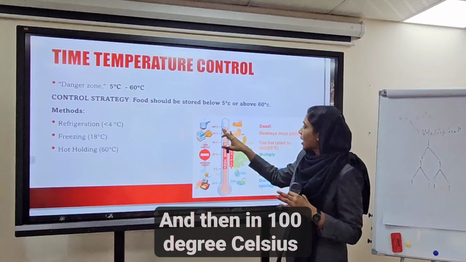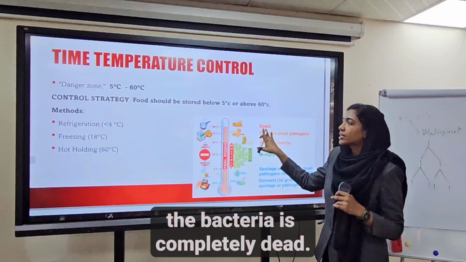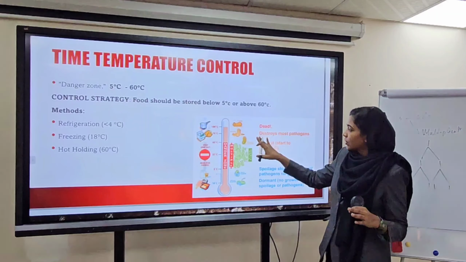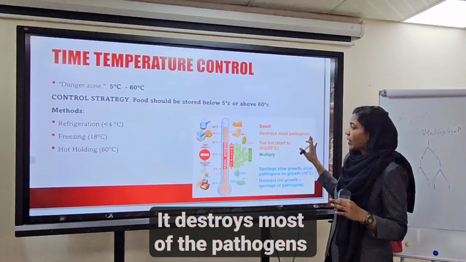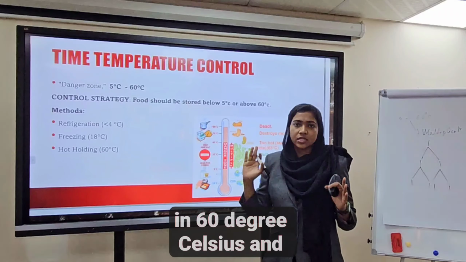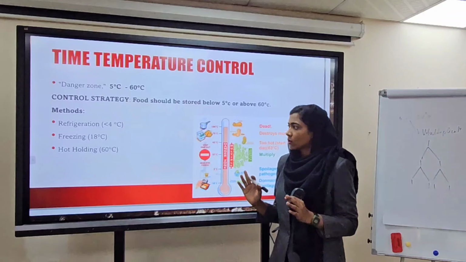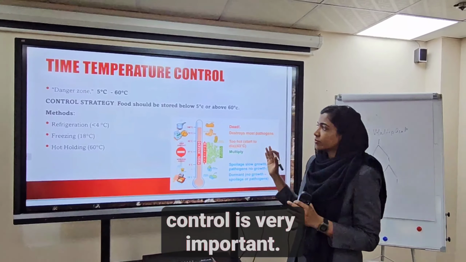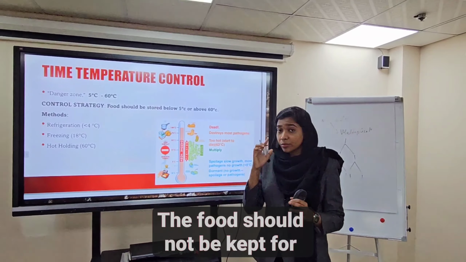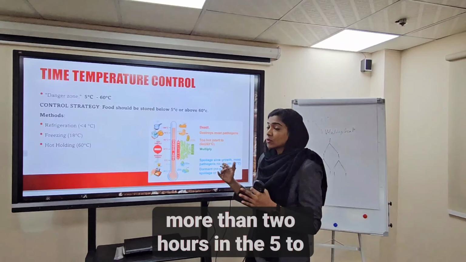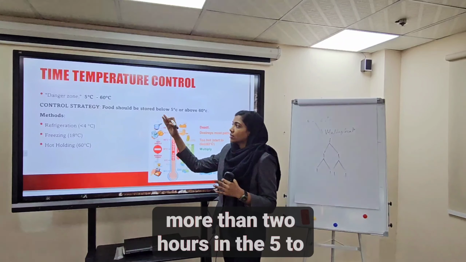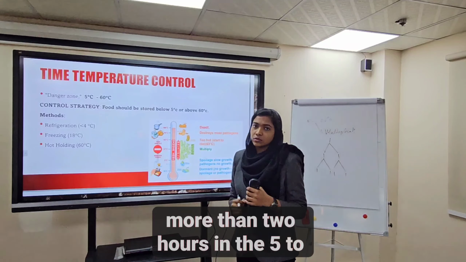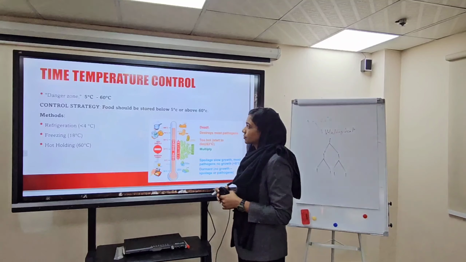And then at 100 degrees Celsius, the bacteria is completely dead. It destroys most of the pathogens at 60 degrees Celsius and above. Okay? That is how time temperature control is very important. The food should not be kept for more than 2 hours in the 5 to 60 degrees Celsius.